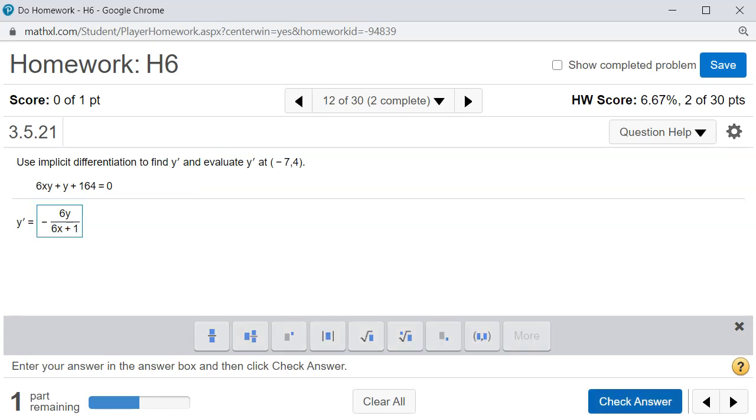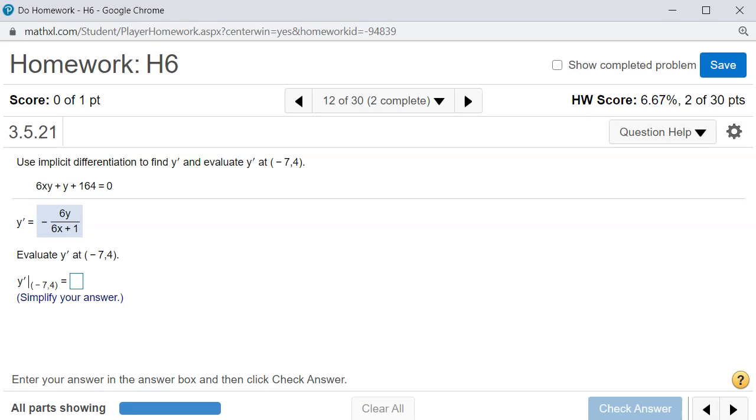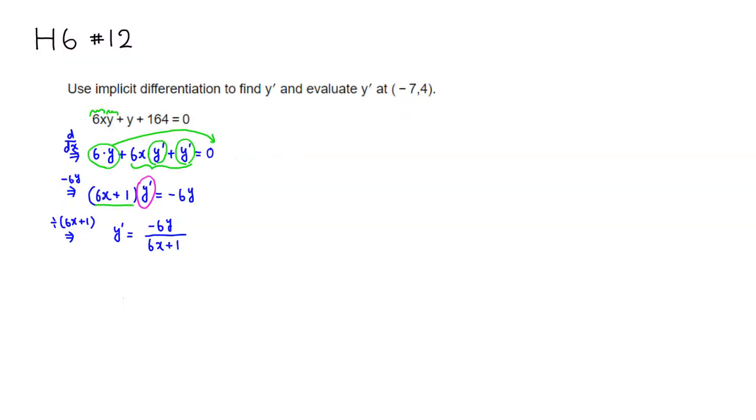Let's check the answer. We got that. Then all we have to do is plug in x equals -7 and y equals 4. So if you evaluate y prime at (x, y) equal to (-7, 4), this is easy.